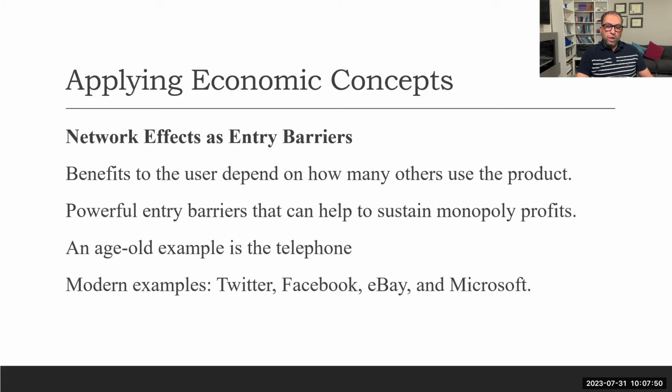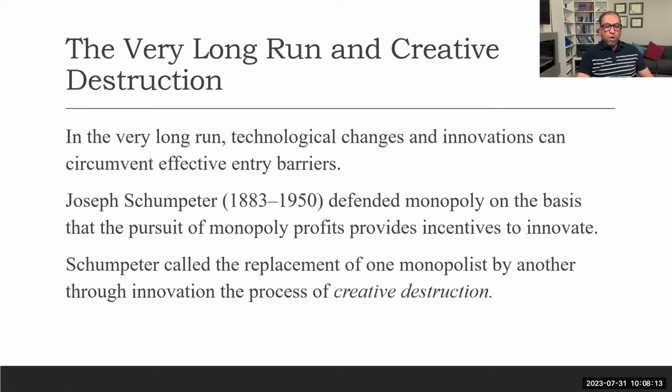Facebook was invented in a university dorm with only a few friends, but later on it became a powerful social media. The reason is the users all over the world. Twitter, Microsoft, these are all examples of having a network effect in the long run.